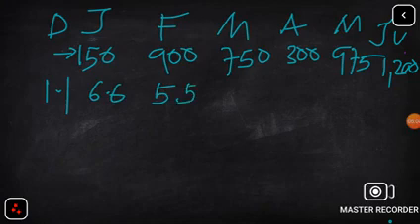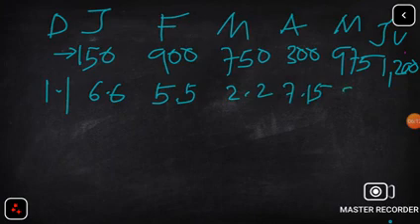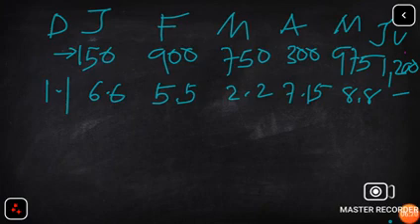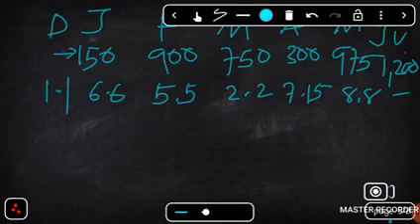I'm just dividing anything that I calculate by 1,000. Then 2.2, 7.15, 8.8, and nothing in June, because we are saying this will be produced a month prior to a month of sale. After that, we must also look at the next note.